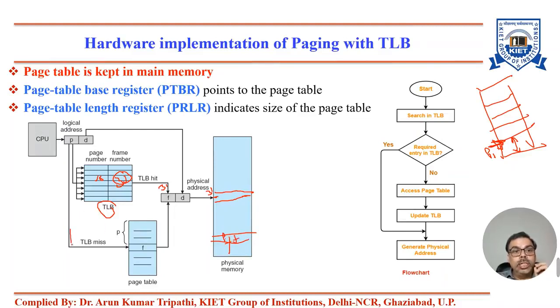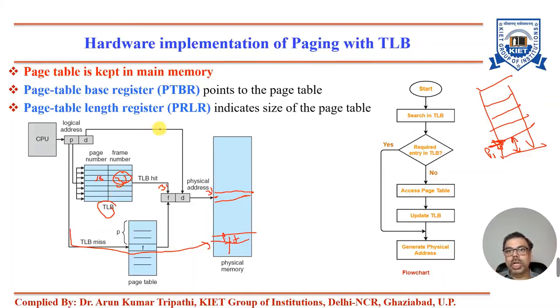So it has to search the physical memory for the frame number corresponding to the page number generated by the CPU. Then it will bring that mapping into the TLB and execute the process again. This will continue until a page fault occurs. What is a page fault? We will discuss it a little bit later.